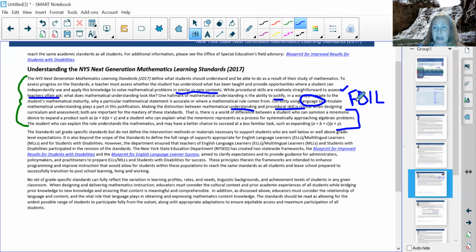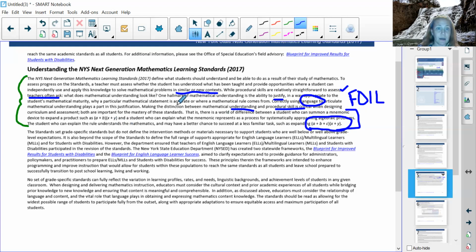So a student might memorize FOIL and get the problem right, and they get right answers and we're all happy. But then the difference is someone who can explain what it means. And if you have conceptual understanding, then you can transfer your understanding of FOIL into a more complicated problem.